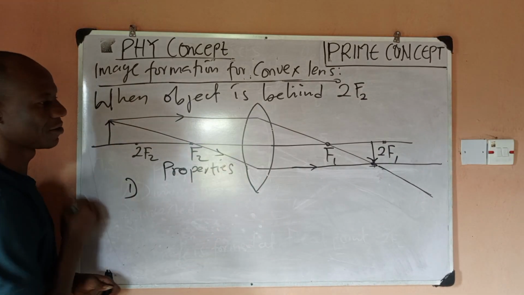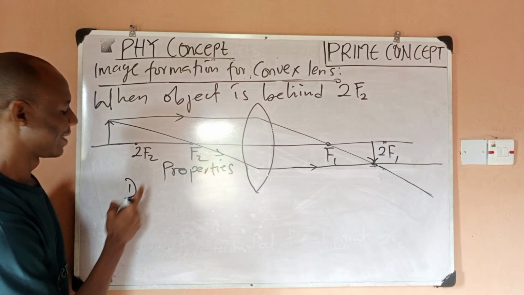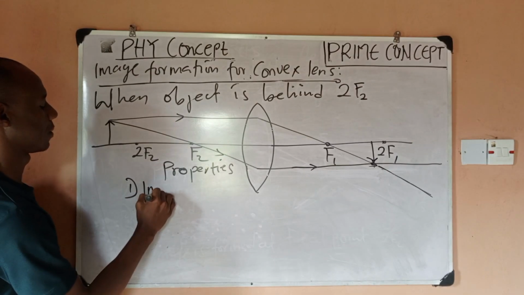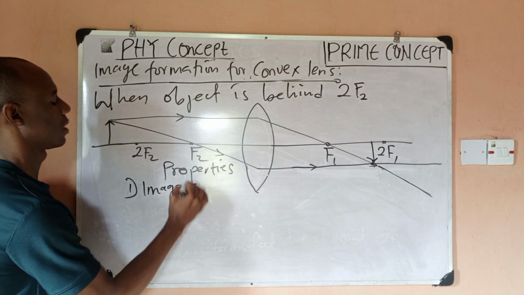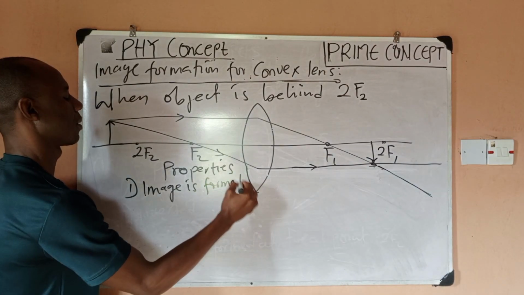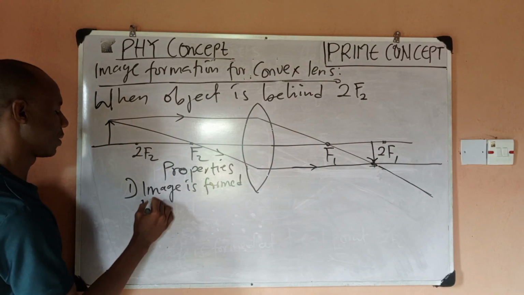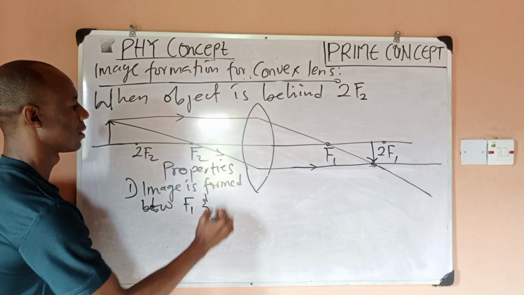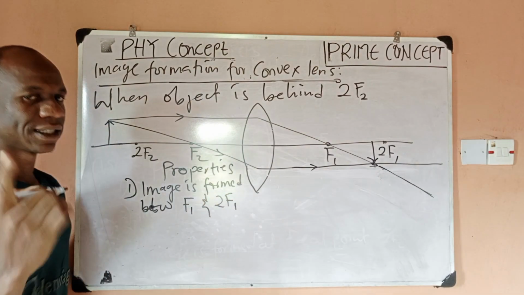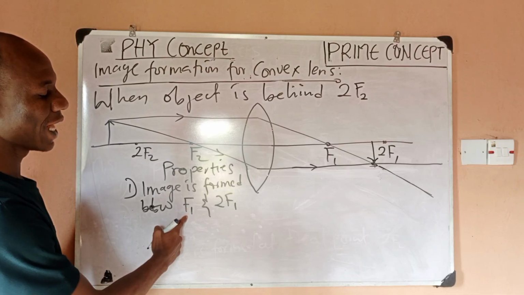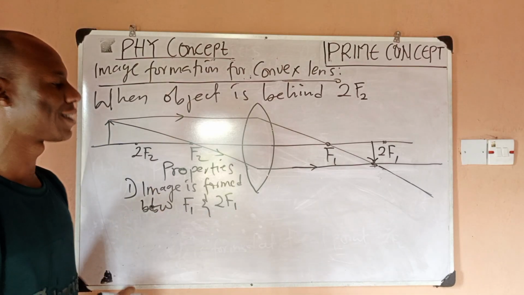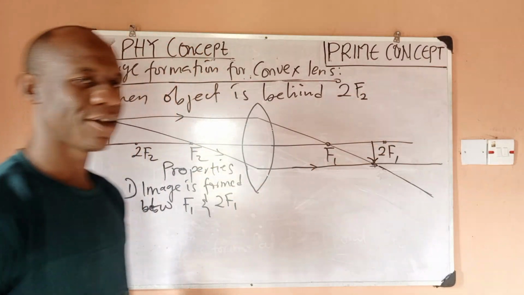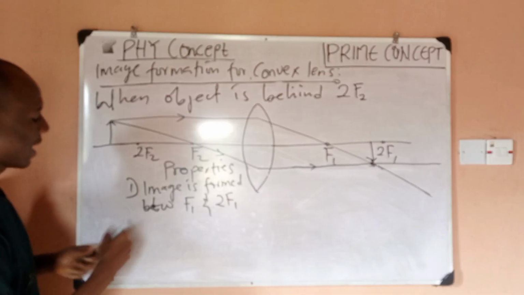Number one, the image is formed between F1 and 2F1, or you can simply say the image is formed between f and 2f. That is still accepted. That is one thing you can see from our diagram.